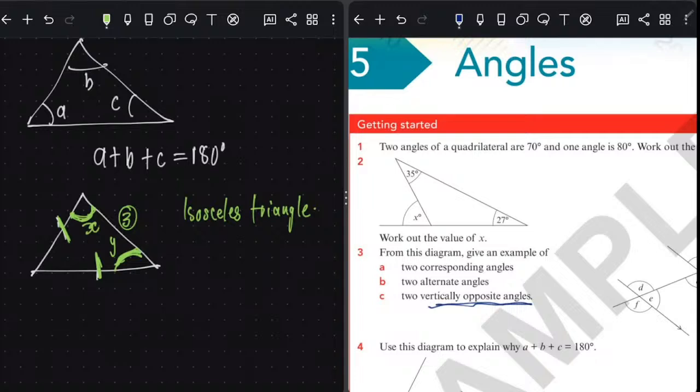Okay? And what you must know, boys, listen. What you must know is that base angles are equal in an isosceles triangle. Base angles are equal. Right, can I make sure you've heard me? Because if rules are not heard, then we are joking around.